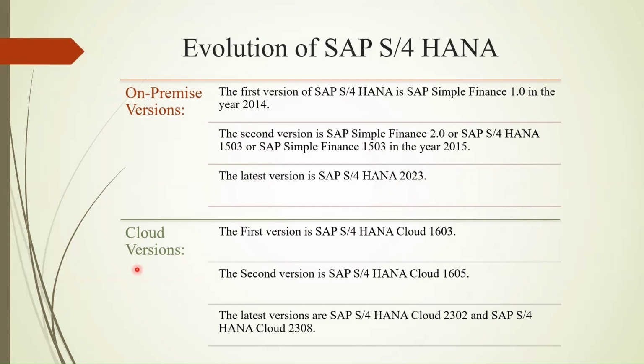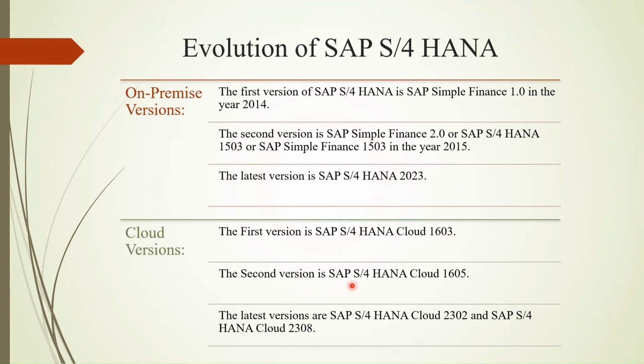And in case of cloud versions, no matter whatever the year is, every time two versions will be released in the same year. The first version is SAP S4 HANA Cloud 1603, where the first two digits represent the year, which is 2016, and 03 represents the month of March.